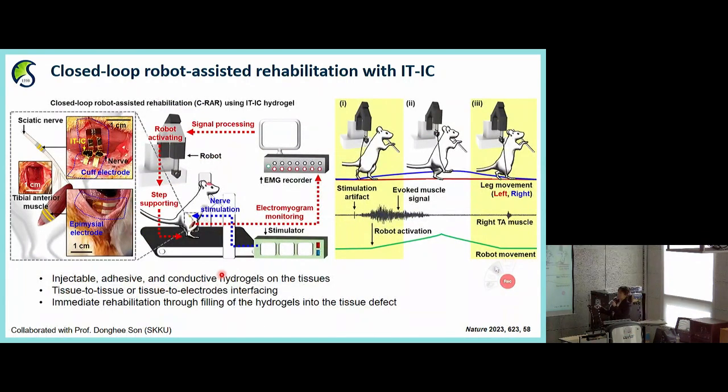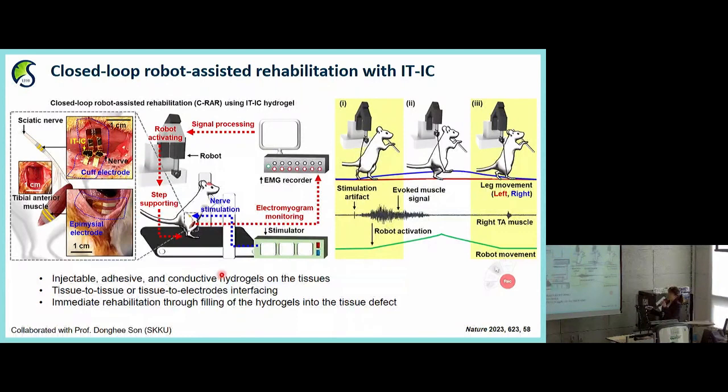In this in vivo system, we prepared an animal model with severe muscle injury. We fill our hydrogel for regeneration and for transferring electrophysiological signals between muscle tissues. We also implant the soft electrodes I mentioned on the previous slide, and interface our hydrogel between this electrode and the tissue.